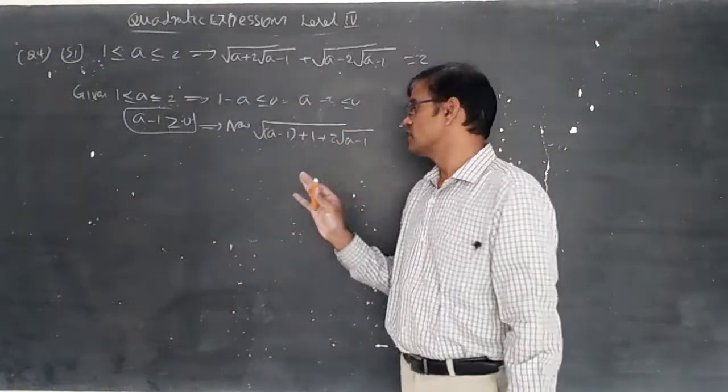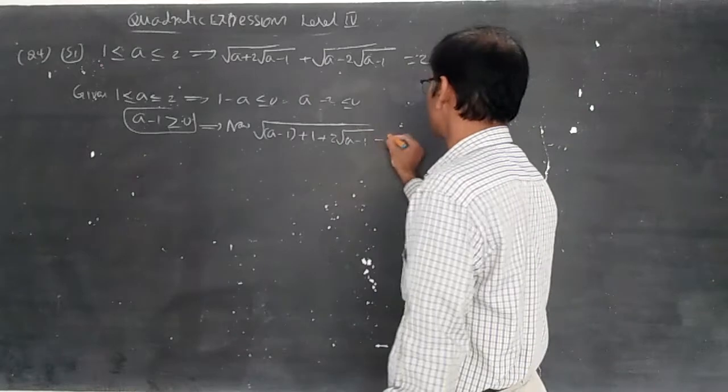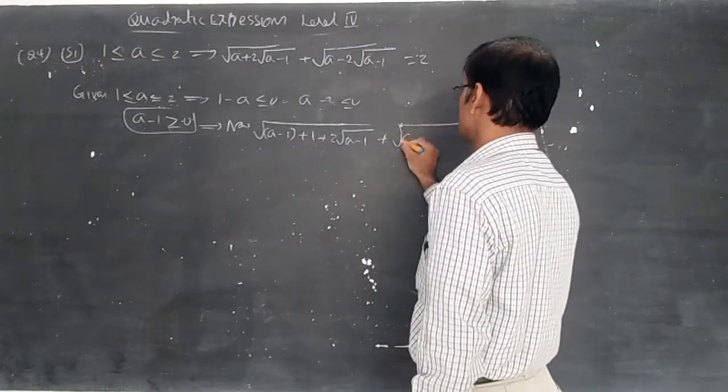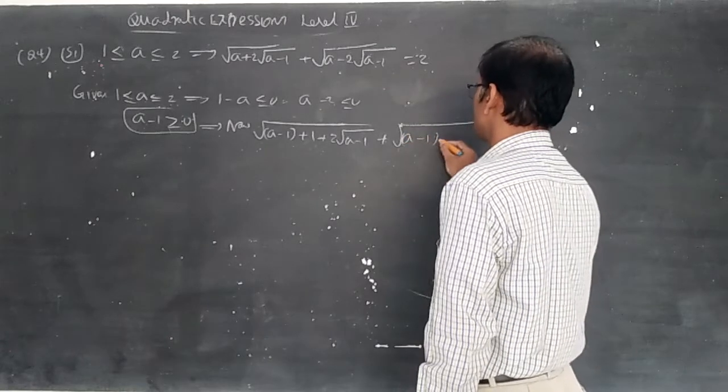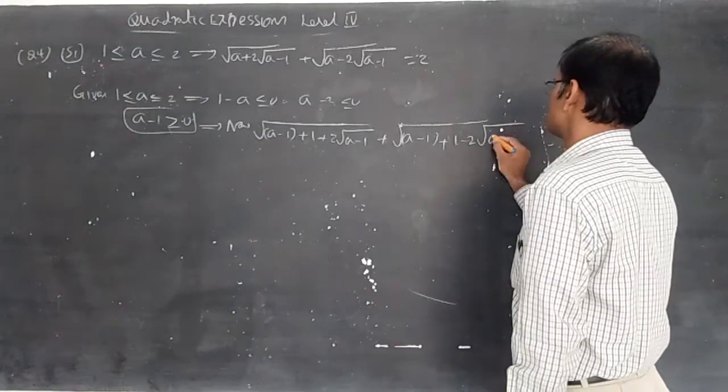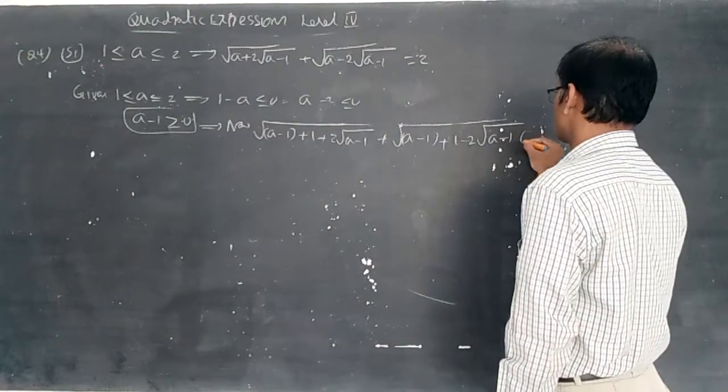Instead of the square root of A minus 1, we should convert the total square root in terms of A minus 1 plus 1, minus 2 into root of A minus 1, of course into 1.